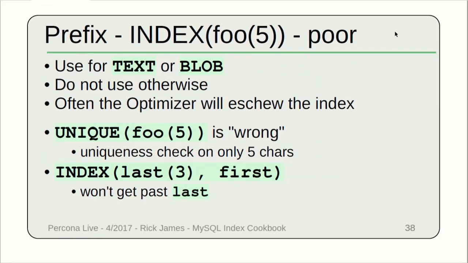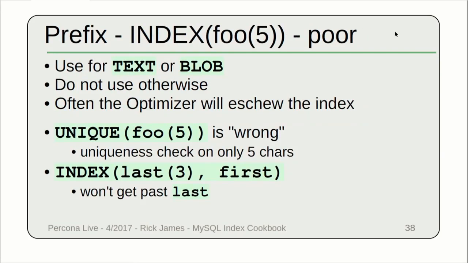Prefix. That's the parenthesized number limit on, like, taking the first part of a long string. It's necessary with text or blob because indexing doesn't work on huge data types. And generally, the optimizer avoids it, or even when it does use it, it isn't necessarily going to do the best job.